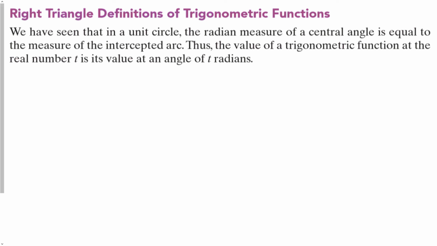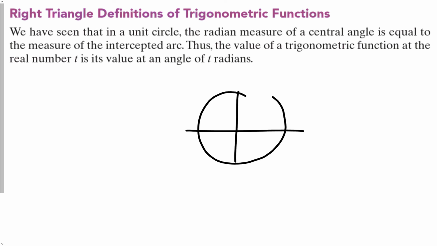First, we defined trig functions in the previous section based on a circle. We said we have this circle, the radius is 1, which makes it a unit circle, and this angle, as it opens up, is going to intersect this circle somewhere.